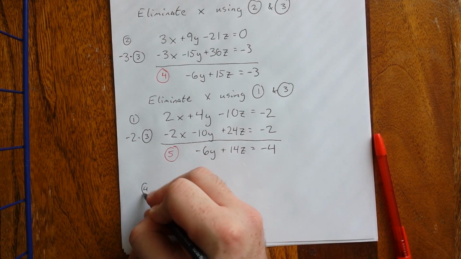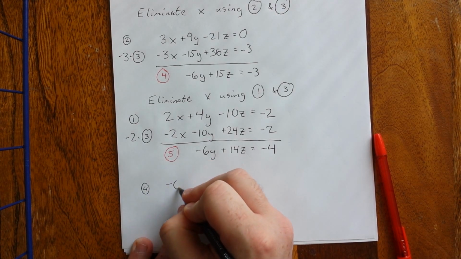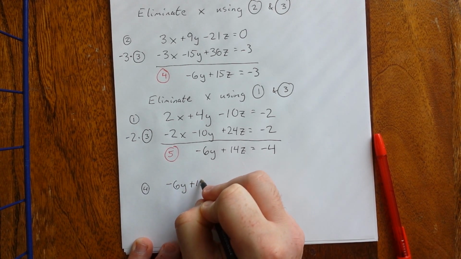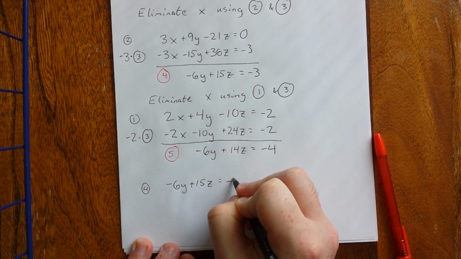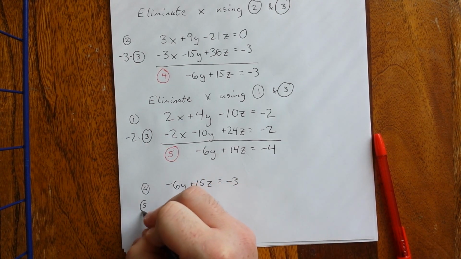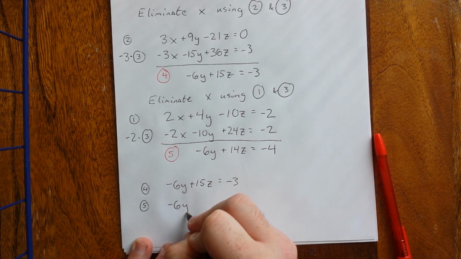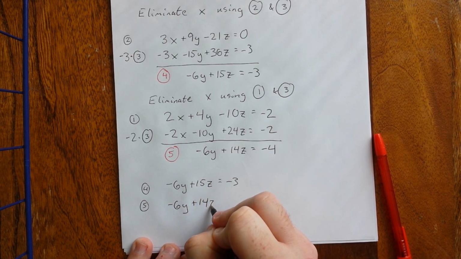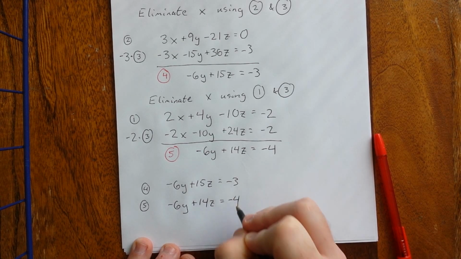So equation 4 states -6y plus 15z is -3. And equation 5 states that -6y plus 14z is equal to -4.